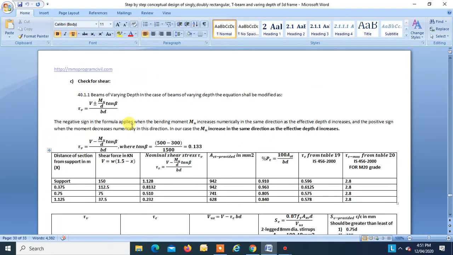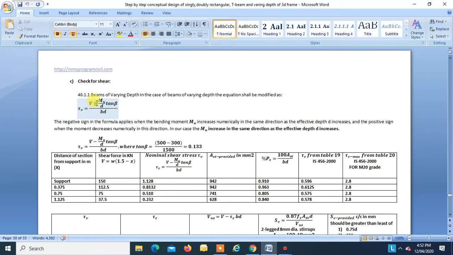Now coming to the check for shear. This is very important. Clause 40.1.1, beams of varying depth. In case of beams of varying depth, the equation shall be modified as so. Tau v has to be found by this formula, that is, it is not V divided by bd, but it is V plus minus Mu by d into tan beta divided by bd.